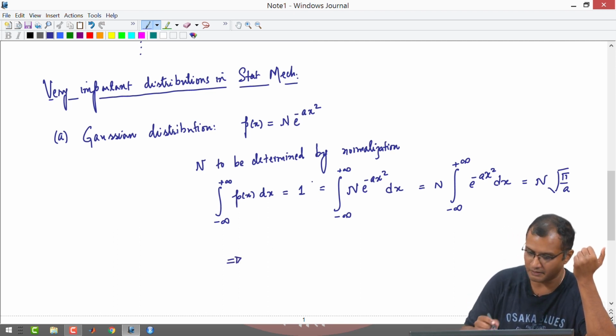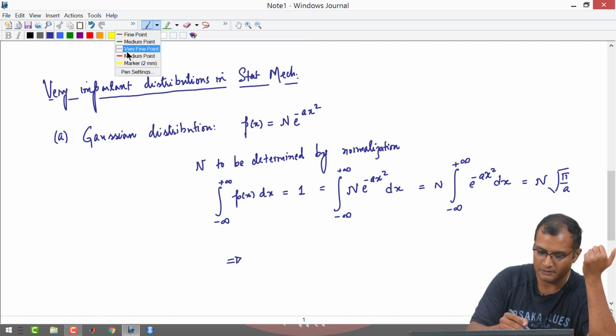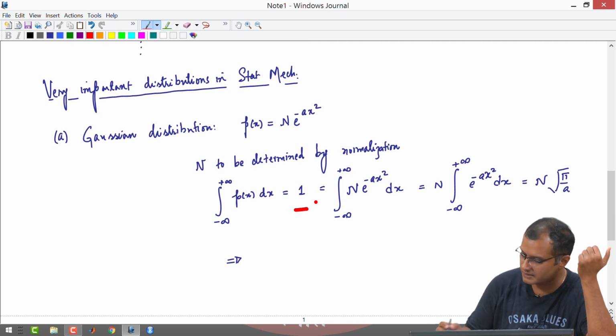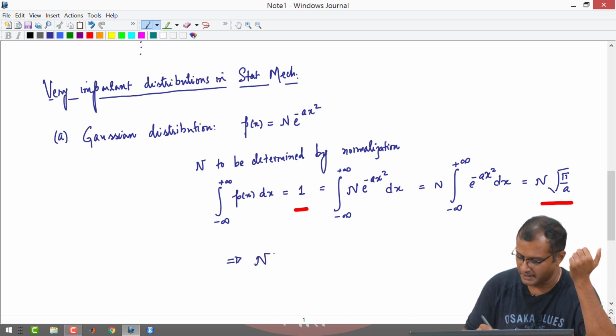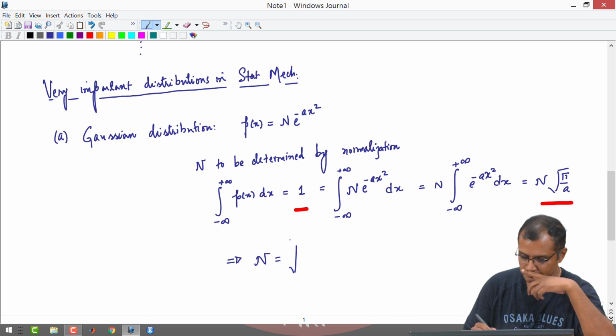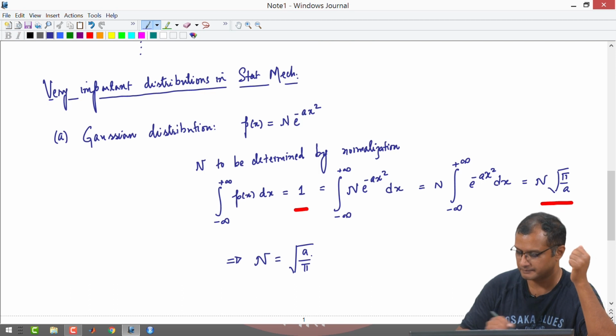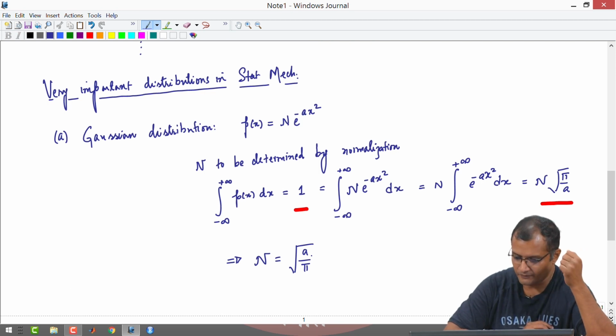So, you can compare this 1 here and n into square root of pi by a and write down the value for n. So, comparing, our result for n is nothing but a by square root of pi, okay.